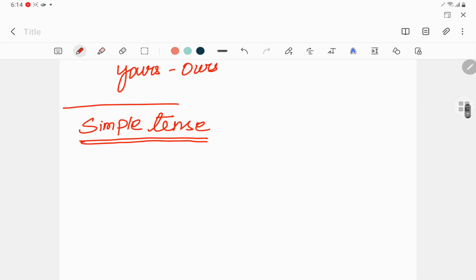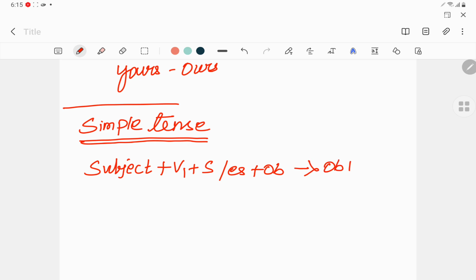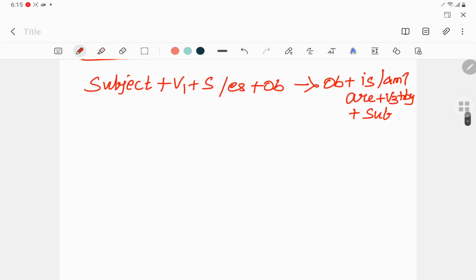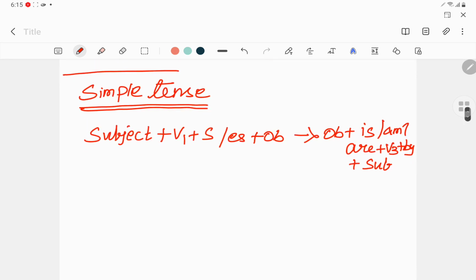If you have the structure subject plus verb 1 plus s or es plus object, how do you change that? The object comes first, and then is, am, or are plus verb 3 plus by plus subject. First you want to remember all those things. This is simple present tense.